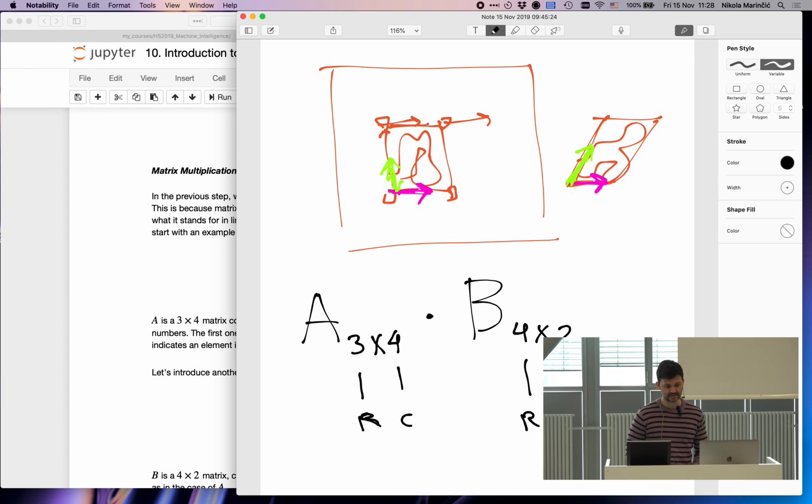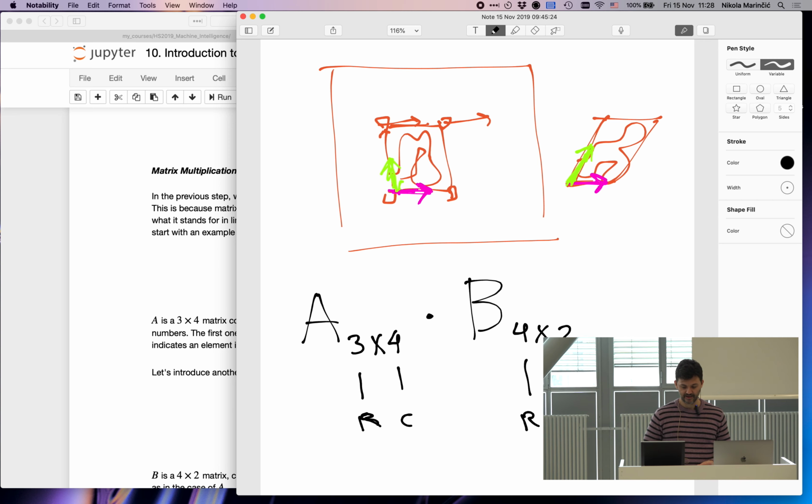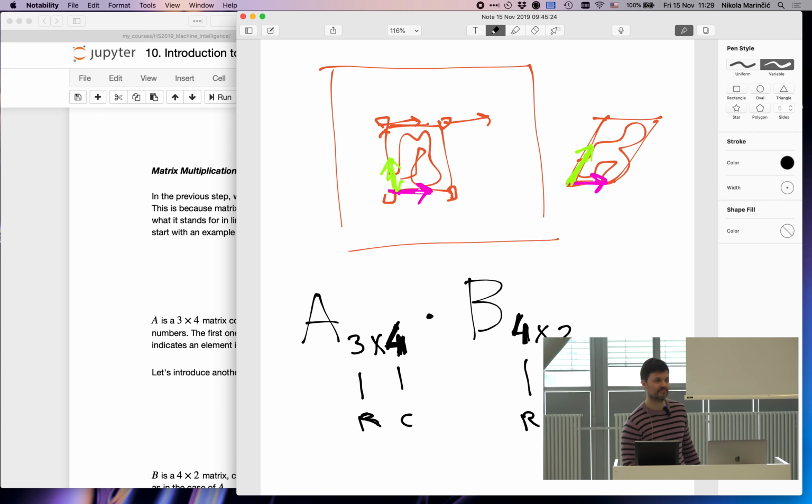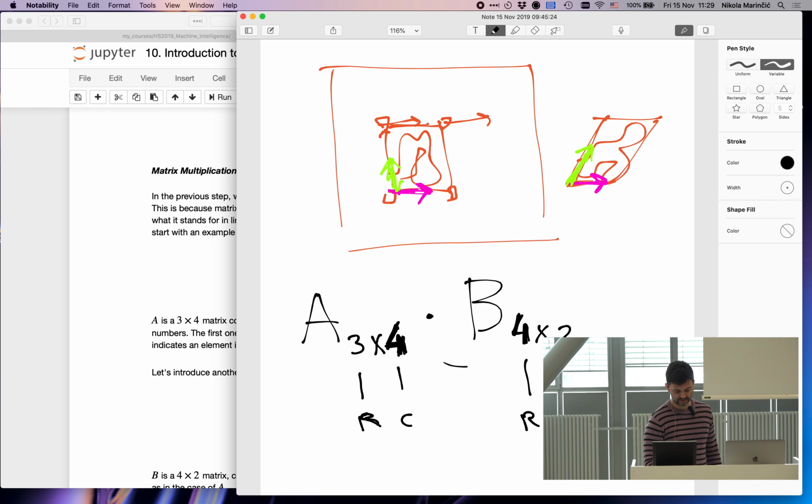So what I said is, as a rule, the number of columns of A needs to match the number of rows of B. And these are just these two numbers. This is the number of columns of A, and this is the number of rows of B. Simple. If these are the same number, you can multiply them. And you can see that they are.